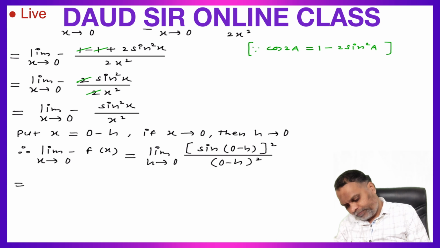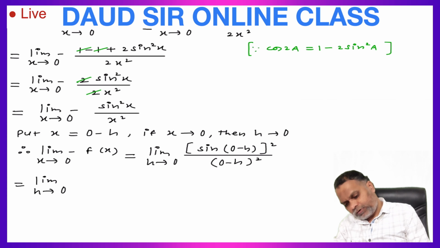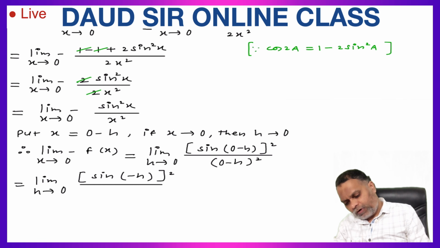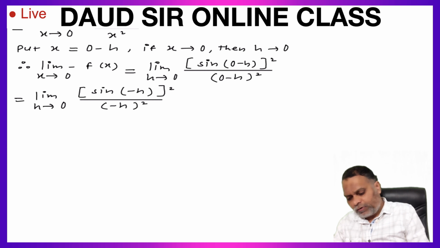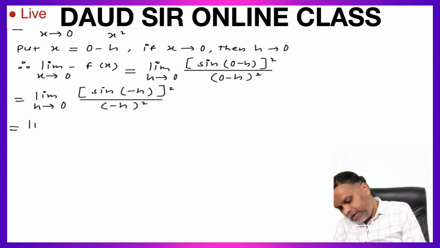Simplify this, limit h tends to 0, sine of minus h whole square upon minus h whole square, which is equal to limit h tends to 0.